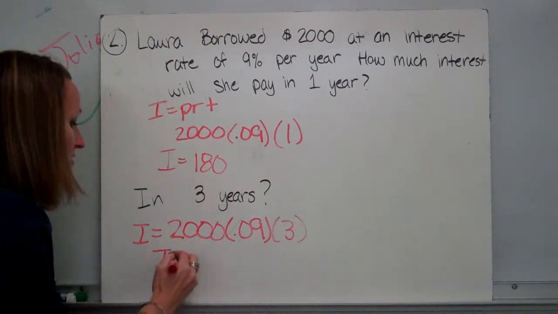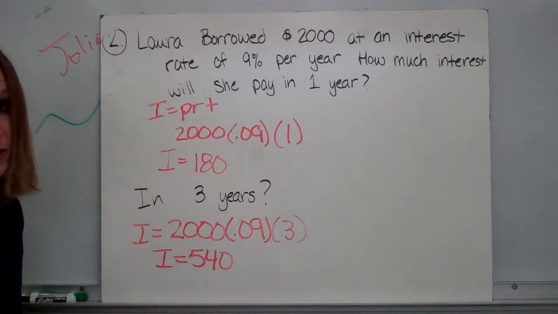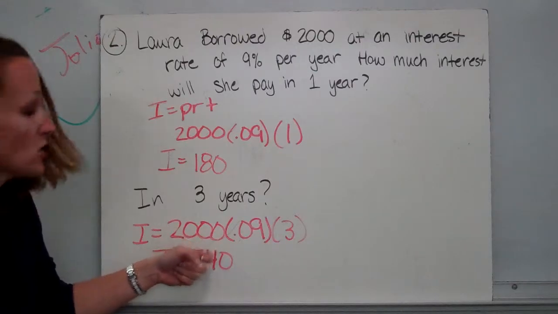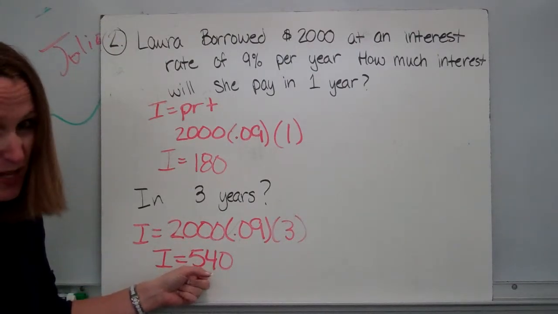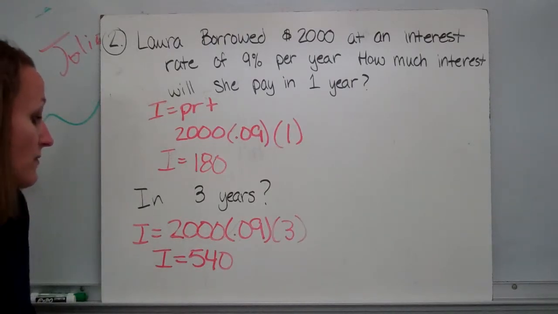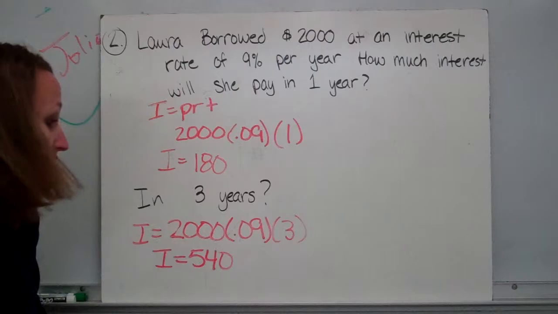If she borrows it for 3 years, her interest is $540. So now she not only has to pay back her $2,000, she's going to pay back her $540 in interest. That's $2,540 that she's paying back.